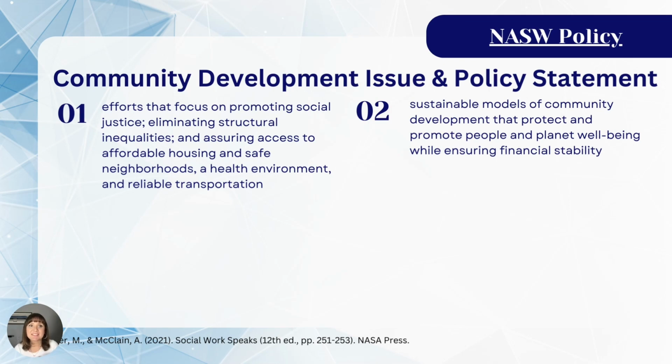The first policy statement said that efforts should focus on promoting social justice, eliminating structural inequalities, and assuring access to affordable housing and safe neighborhoods, a healthy environment, and reliable transportation. So I don't think that this policy that Alina Health has is really focusing on assuring access to a healthy environment, right?